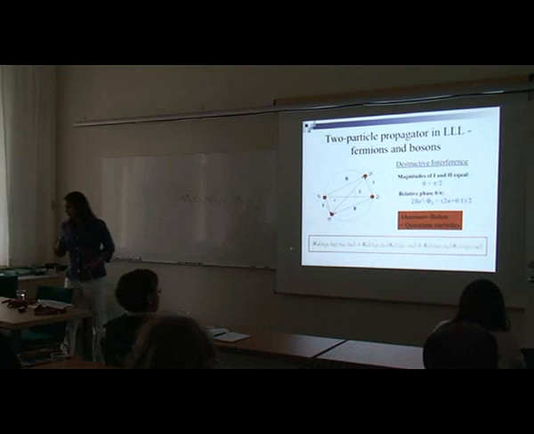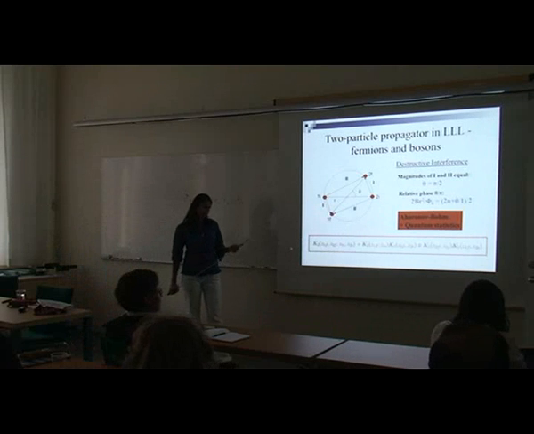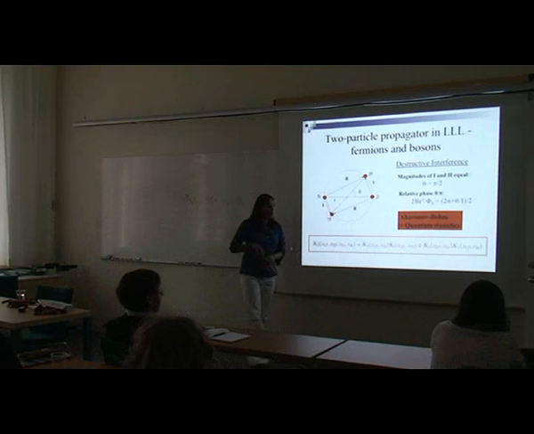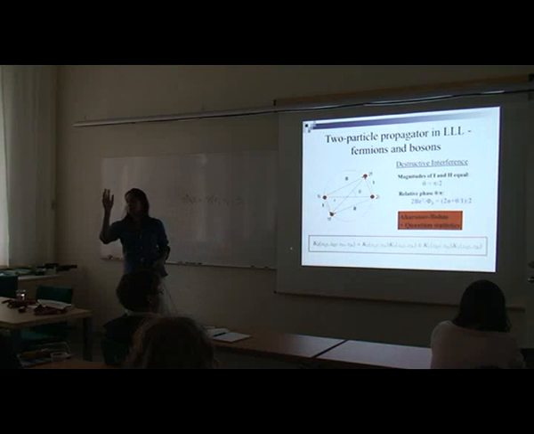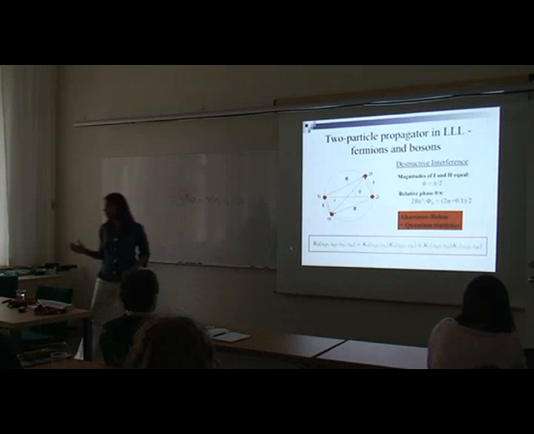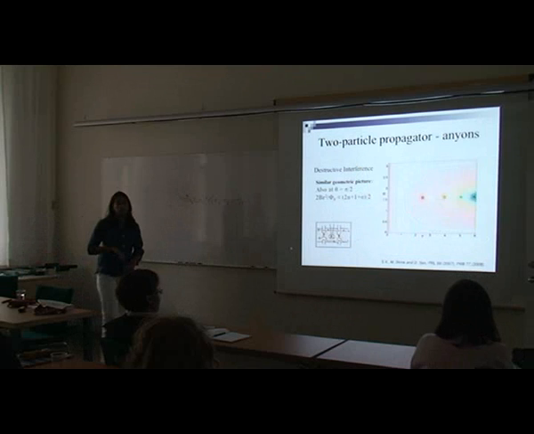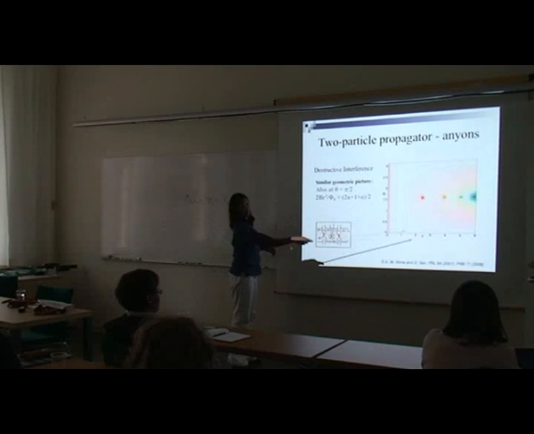Okay, this analysis is for fermions and bosons. I cannot give you a picture like this for anyons, just because they're not something as simple as symmetrized or anti-symmetrized functions, but it turns out that they follow exactly the same structure. Namely, this is a function of r and theta in that circle that I had.